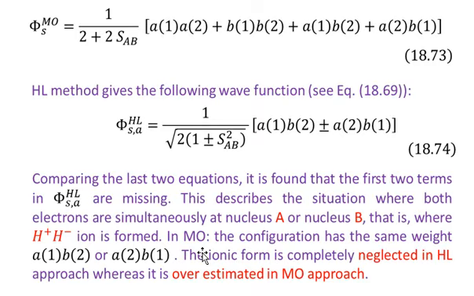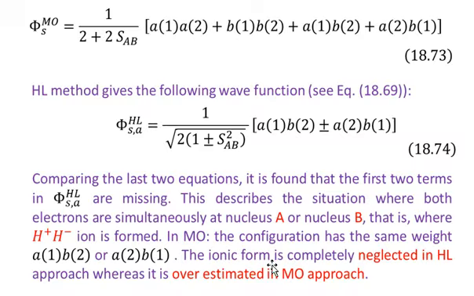In a molecular orbital, the configurations have the same weight. So you know that both of these, that is electron 1 with A, electron 2 with B, and similarly electron 2 with the nucleus A, electron 1 with the nucleus B, their weights are equal because their coefficients are equal.